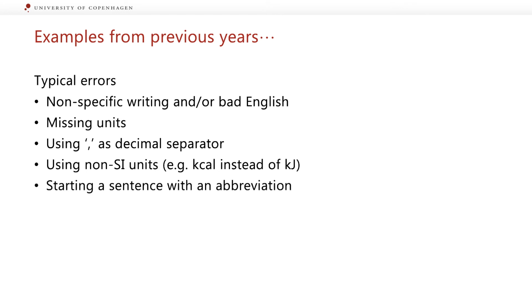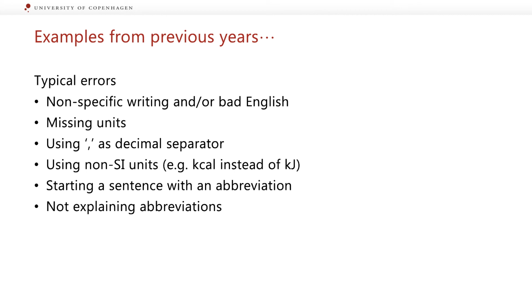Another frequent mistake is starting a sentence with an abbreviation, and that is not something you can do in English. You always spell out the full word if it's the first word of the sentence. And talking about abbreviations, that is often something that is misunderstood as well, or forgotten altogether.